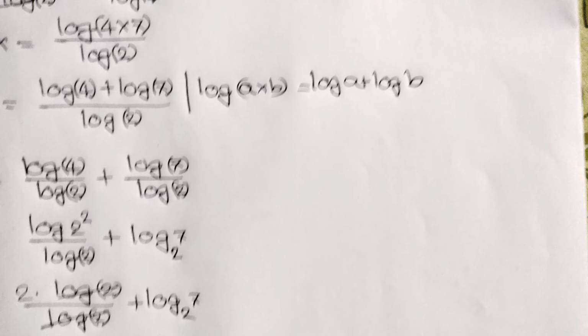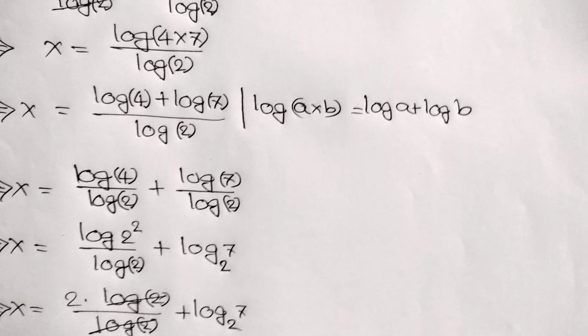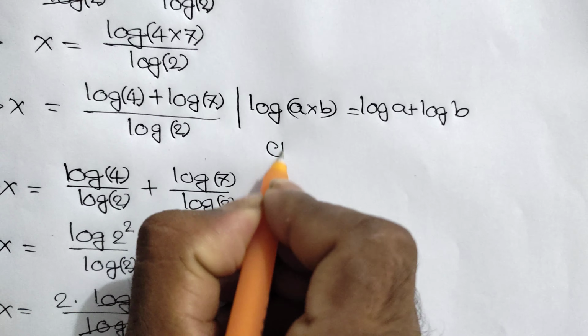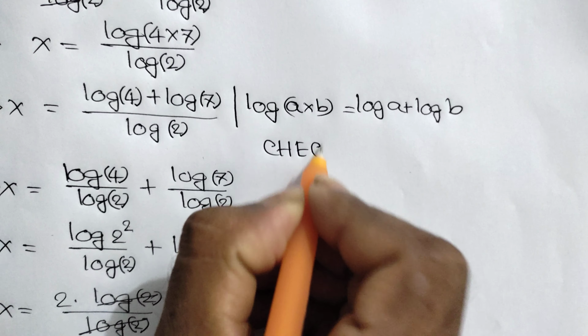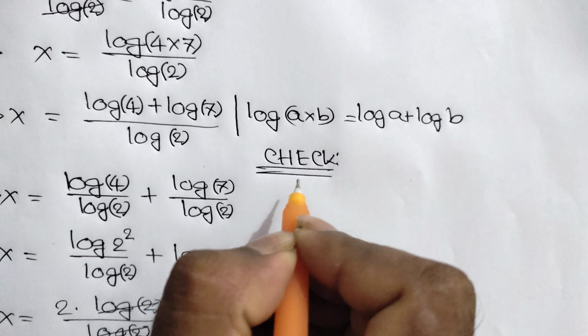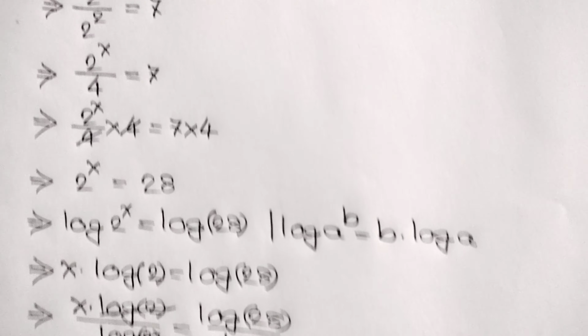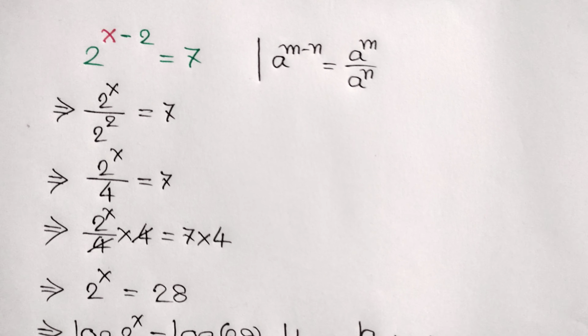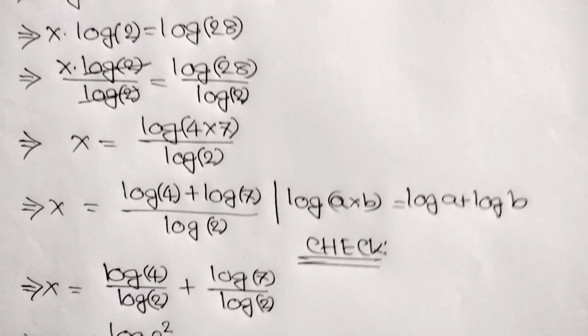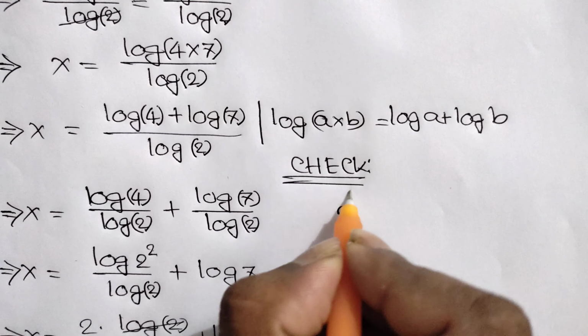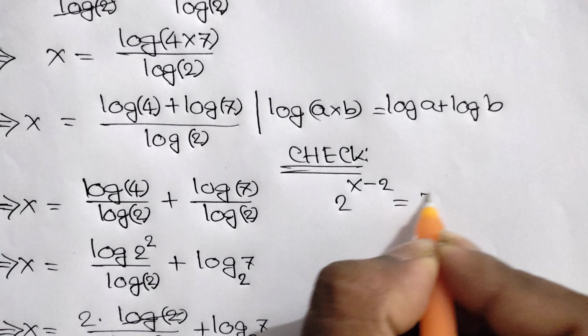Now let's check our answer. Our question is 2 to the power x minus 2 is equal to 7.